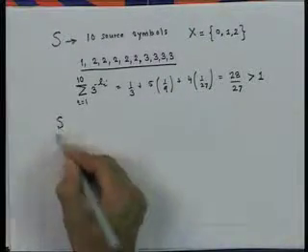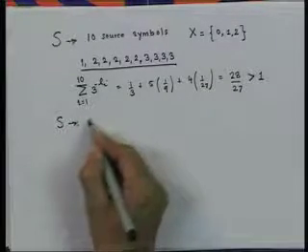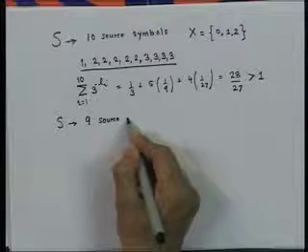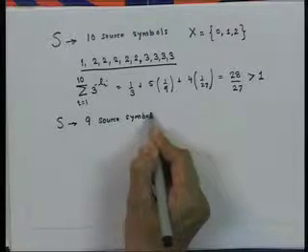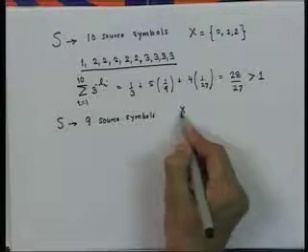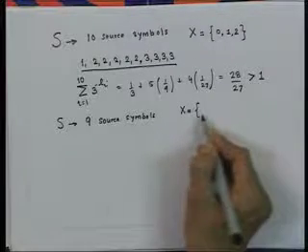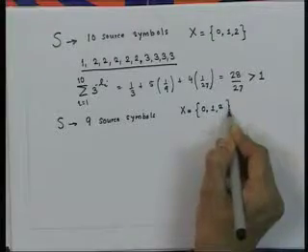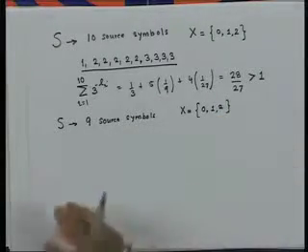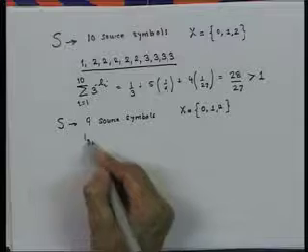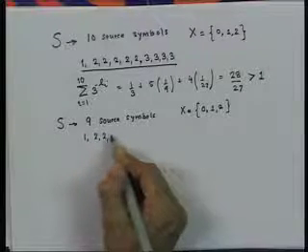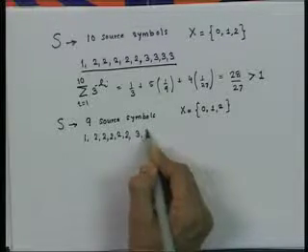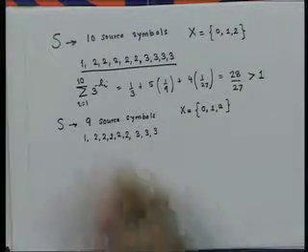Suppose there was a source S consisting of 9 source symbols, and again my code alphabet consists of 3 symbols 0, 1, 2, and I want to design an instantaneous code with the code word lengths given as now.